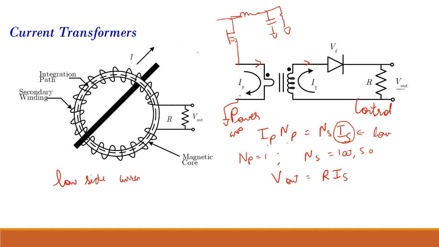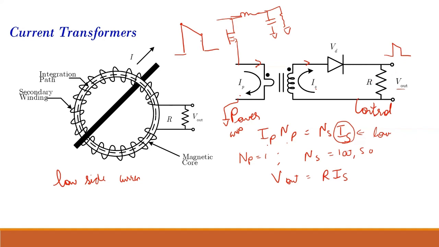How will the current be? It will be like this waveform. This is the peak value, this is the valley point, and this is the current flowing through the MOSFET, and this is the current flowing through my current transformer. I would want this V output also to be of similar shape, proportional.